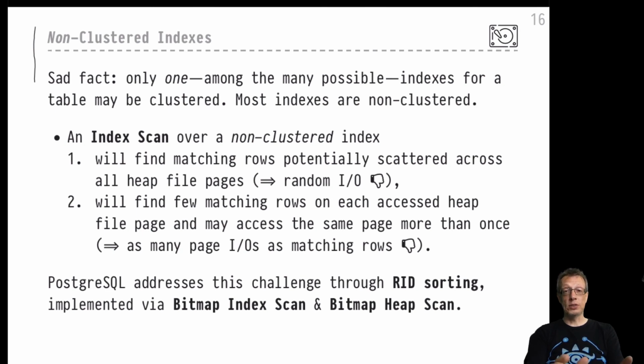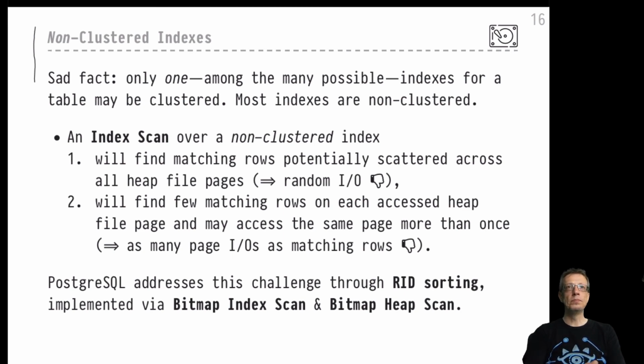All other indexes, the index on column B, the index on column C, all of these will be non-clustered. So the order of the keys in the sequence set of these indexes, which of course will still be sorted, these are ordered indexes, they will not coincide, they will not match the row order in the heap file. The heap file is sorted regarding column A, then it cannot be sorted regarding column C, in the general case at least.